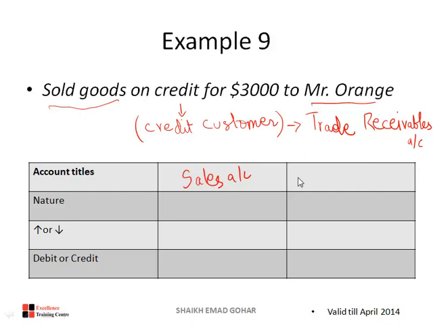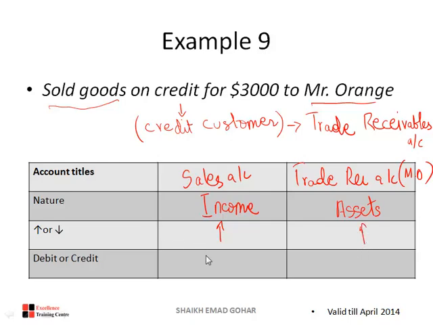Now the second thing we have to write is trade receivables account. You can also write the name Mr. Orange. What is the nature of sales? Trade receivables are my assets, current assets you can say, because I have to receive them within a year. I am selling something, so income is increasing, and I have to receive in the future, so trade receivables are also increasing.